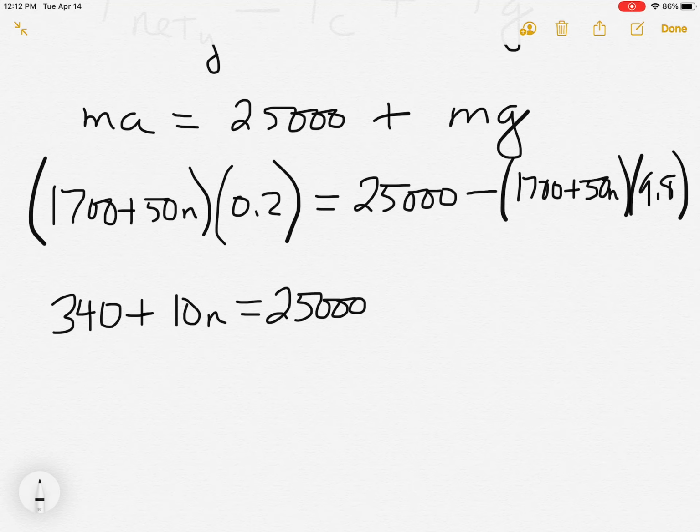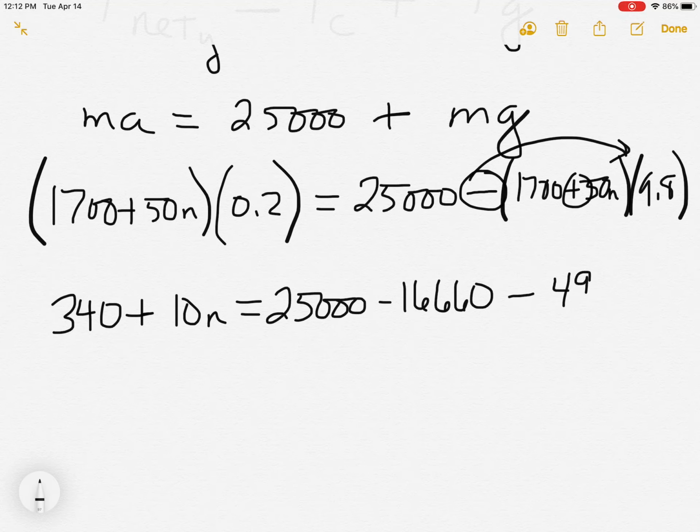Now we have to do 9.8 times 1,700 in the brackets, which is 16,660. And also, don't forget when we do the next part, the 50 times the 9.8, which is going to give us 490n, we also have this minus here, which multiplies in to change that plus to a minus. So don't forget about that little minus out front. It changes that to a minus.